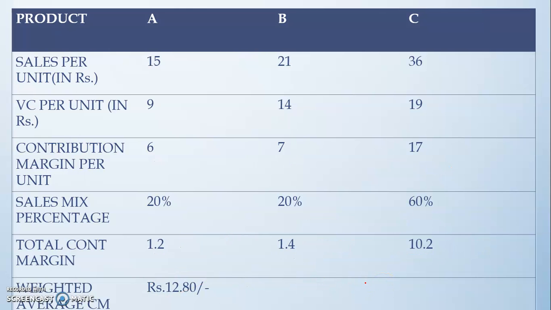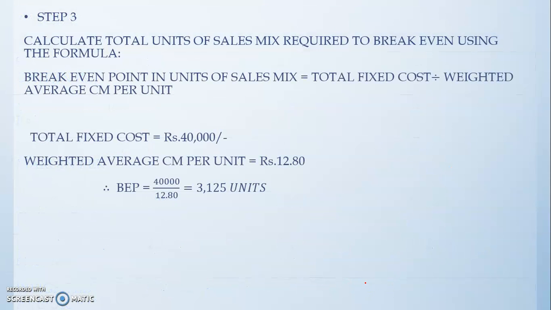Step 3 would be to understand the total unit of sales mix required to break even using the formula. We always know that the break-even point in unit of sales mix is equal to the total fixed cost divided by the weighted contribution margin per unit, or the weighted average contribution margin per unit. In this case, the fixed cost is given as 40,000. We found out that the weighted average contribution per unit is 12.80.